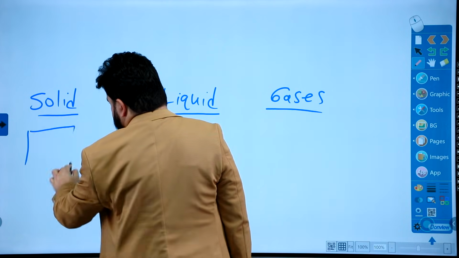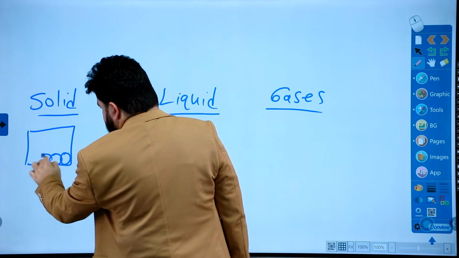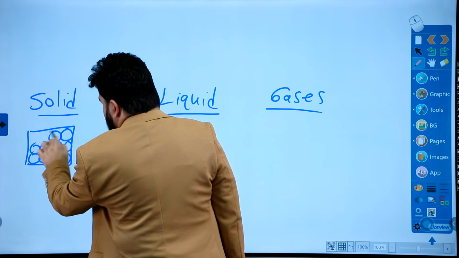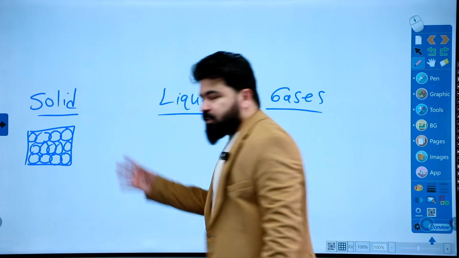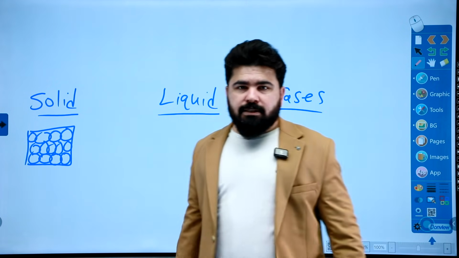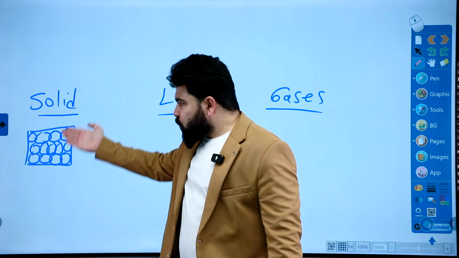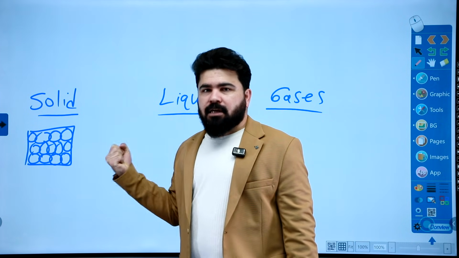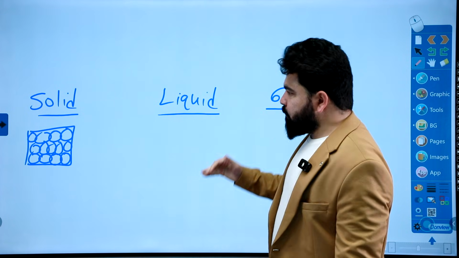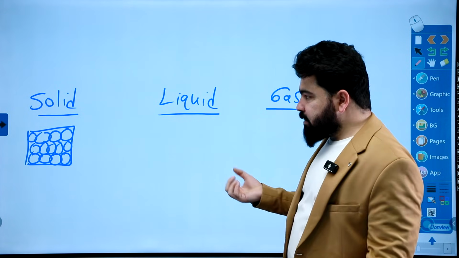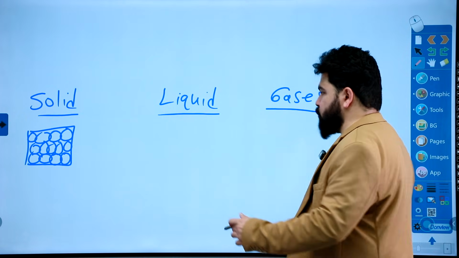Solids, the particles are close together. Okay? The particles are really close together. That is why they have what? They have a definite shape and they have a definite volume too. Your teacher asks you in the exam and says, why do solids have a definite shape? Because the particles are close together. Okay, be careful. Solids cannot be compressed, because they have a high density and the particles are close together too.